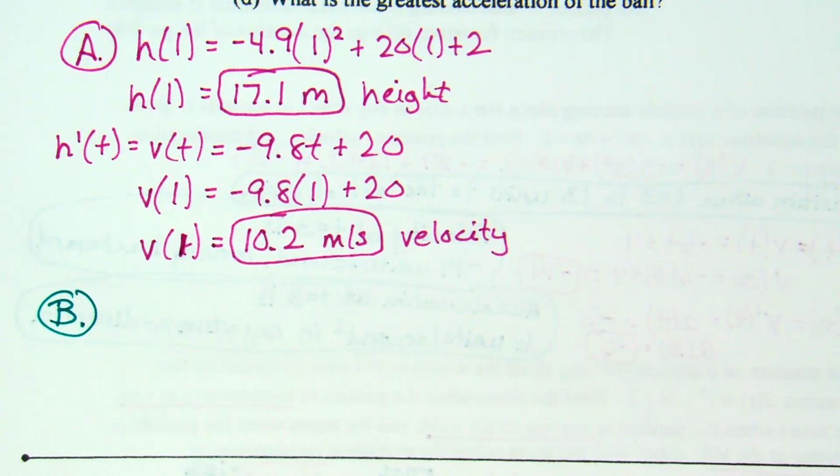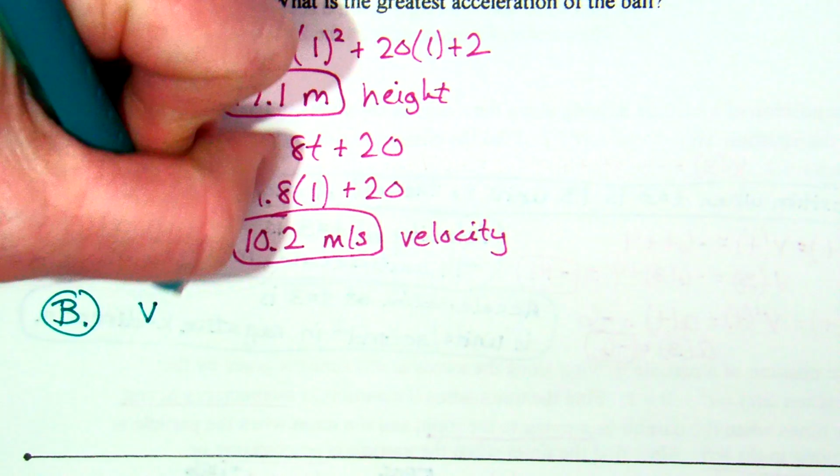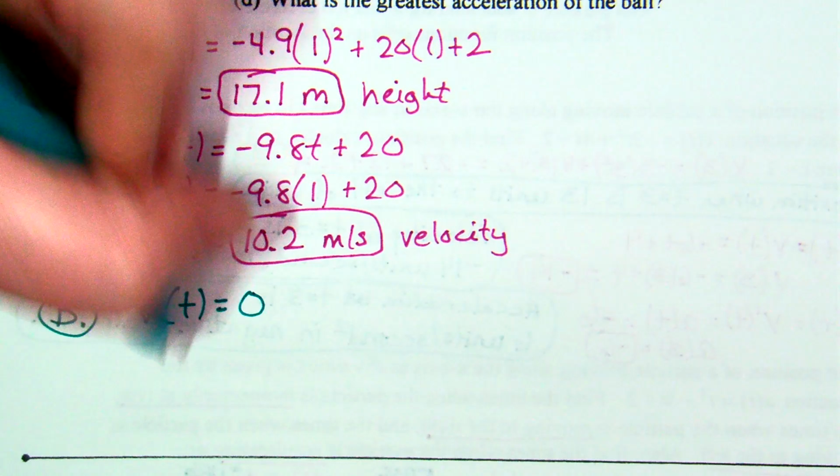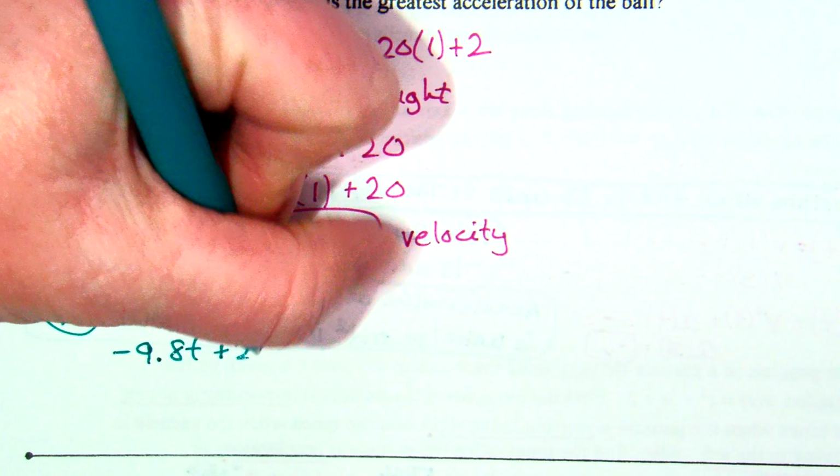It's momentarily stopping, right? That's when it turns direction. Because it goes up, it hits its highest height, and it comes back down. So in order to find when it is the greatest distance above the ground, it's when the velocity equals 0. My velocity formula, negative 9.8 t plus 20 equals 0.